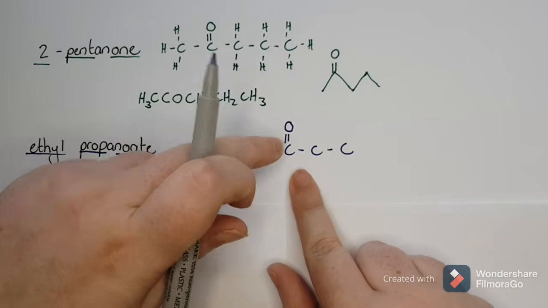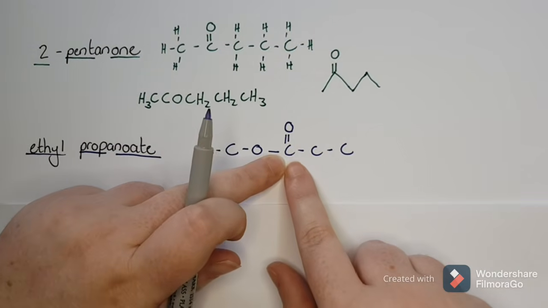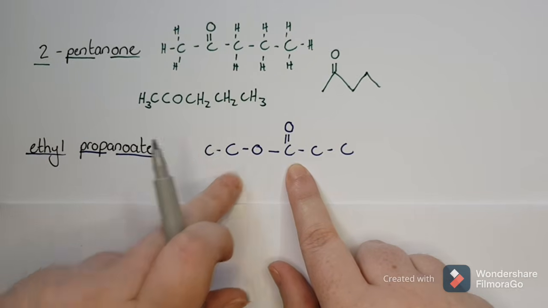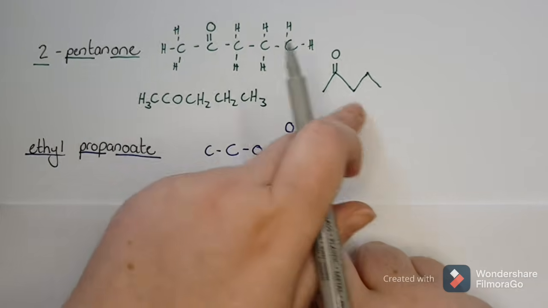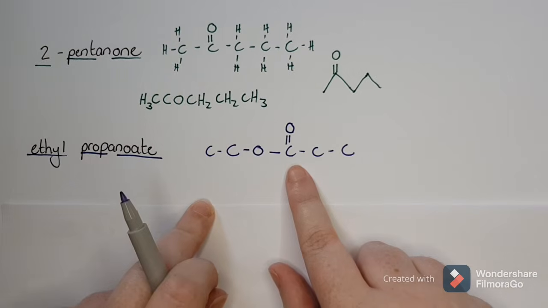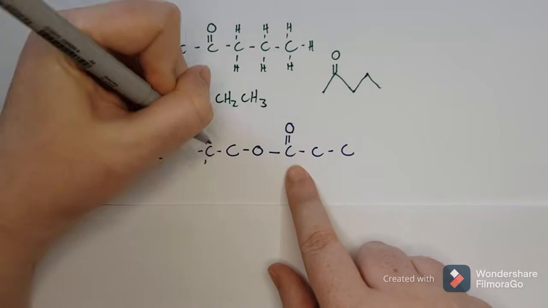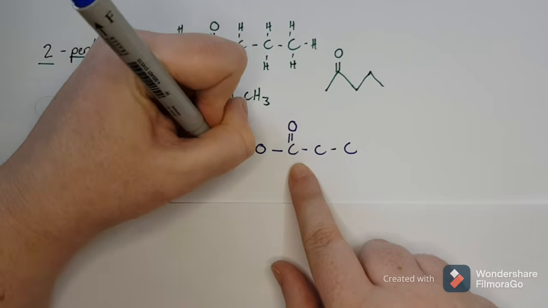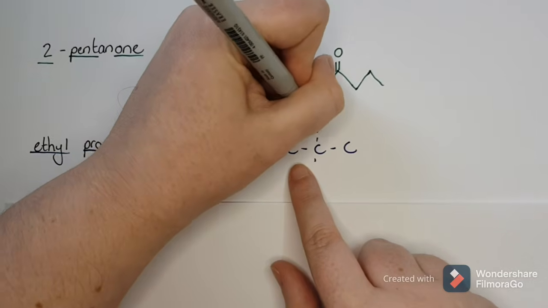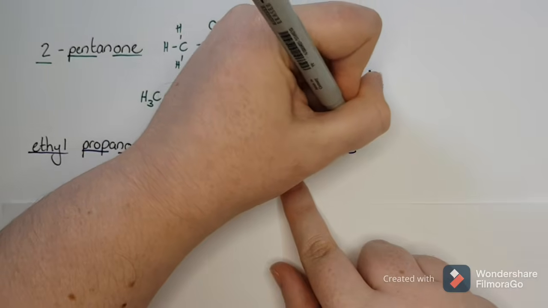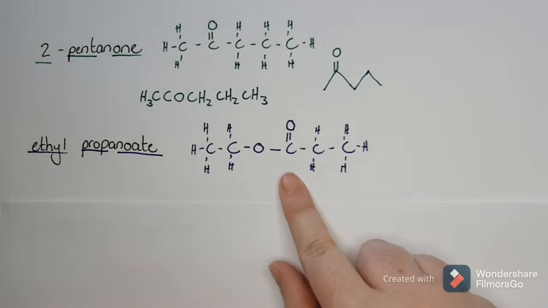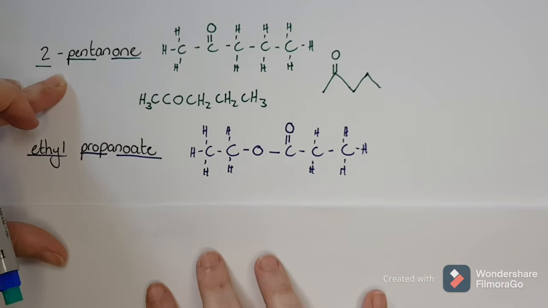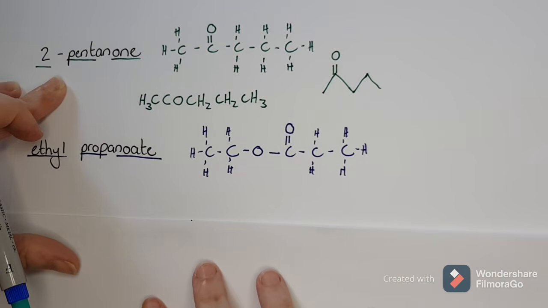So I know that the double bonded O goes there on that carbon, with the O in the middle between the ones that came from the alcohol and the ones that came from the carboxylic acid. And then I can fill in the hydrogens. Okay, so there is then our displayed formula for our ester.